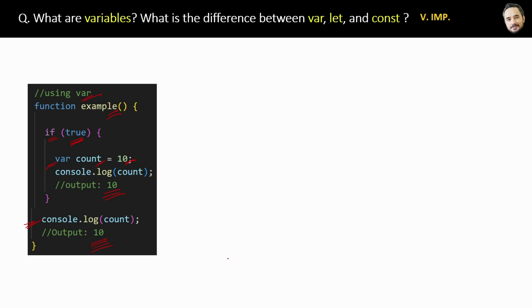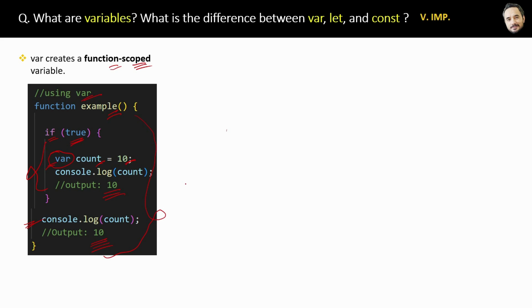The point is, var creates a function scoped variable, meaning that even though you defined the variable inside the if block, it is still available outside the if block because it is function scoped and not block scoped. And in the programming world, block scoped variables are considered a better way because they give clarity about the life of the variable.